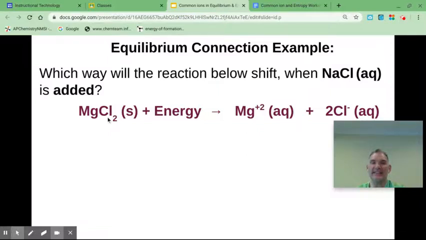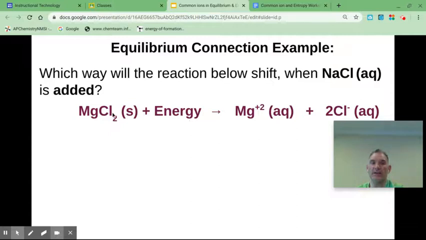I have magnesium chloride with energy. Remember that from kinetics, that is endothermic. Energy is on the left, it's absorbed. And that has to happen because when you're dissolving, you are pulling apart this ionic salt into its ions, ionization. And notice I get Mg plus 2 and I get chloride minus, and there's two of them because of the 2.